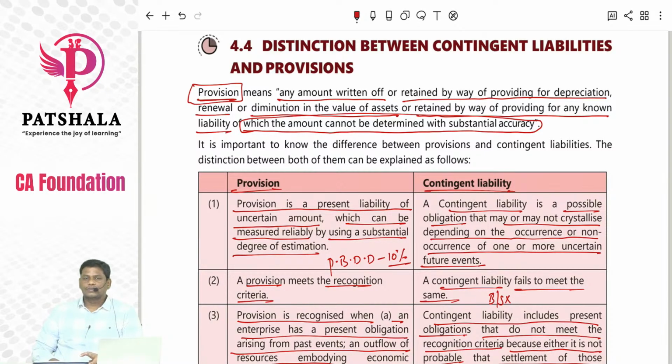Example: provision for bad and doubtful debts 10%, provision for depreciation 10%.